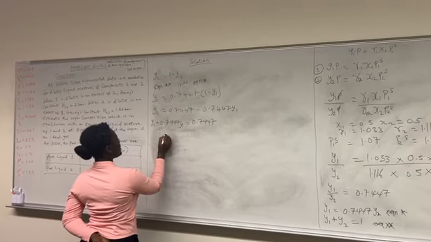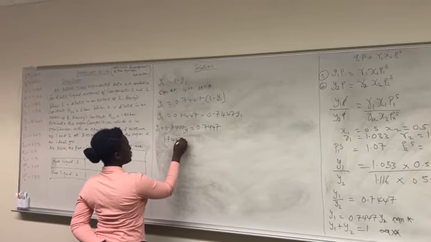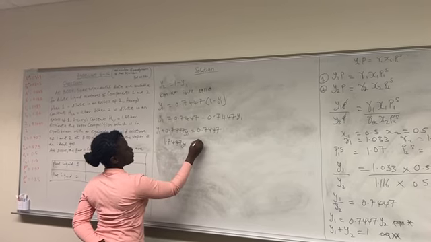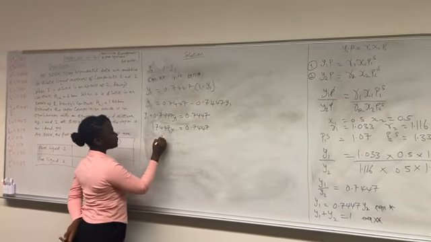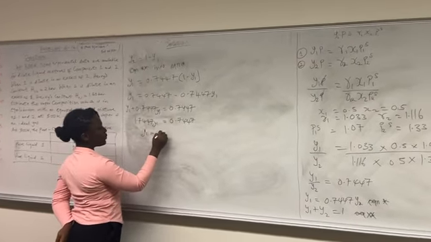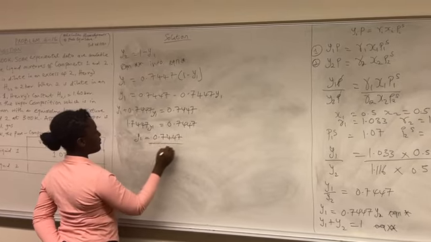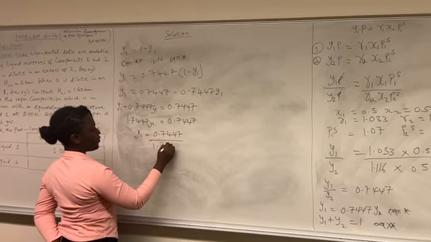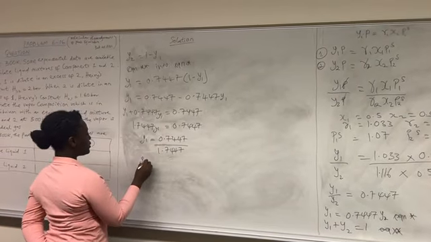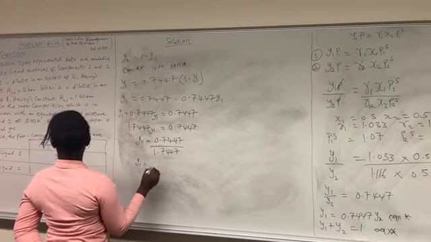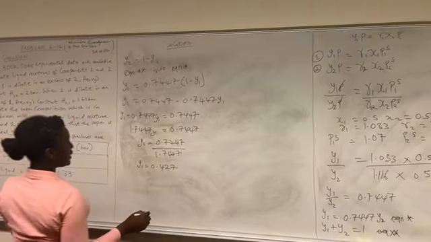So from this, we are going to get 1.7447y1 equal to 0.7447. Then y1 is going to be 0.7447 divided by 1.7447. And I'm going to get y1 to be equal to 0.427.